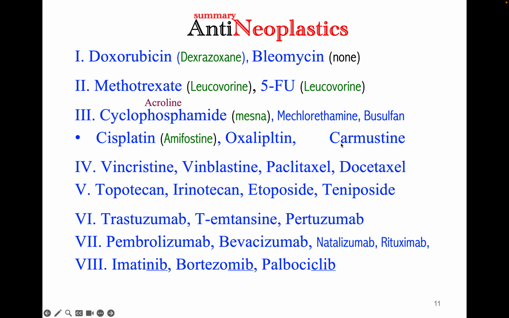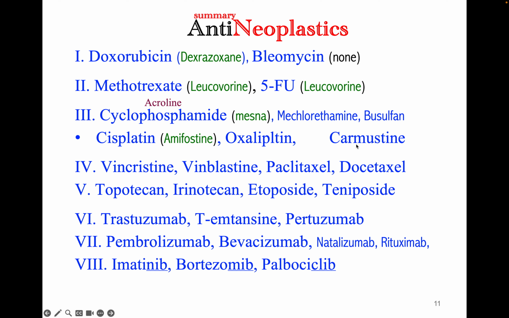Carmustine is the drug which passes the blood-brain barrier. Therefore, it is very effective to treat brain tumor. And it can also be very effectively used as a wafer implant. That is a unique method to treat brain tumor. So, boards like to ask that. So remember the mechanism of action, because it is an alkylating agent.